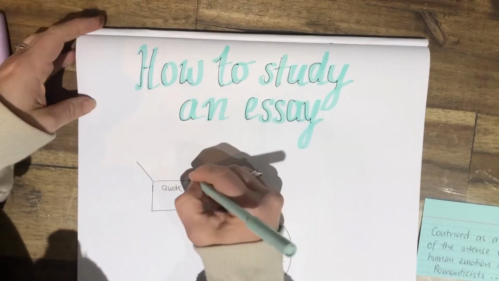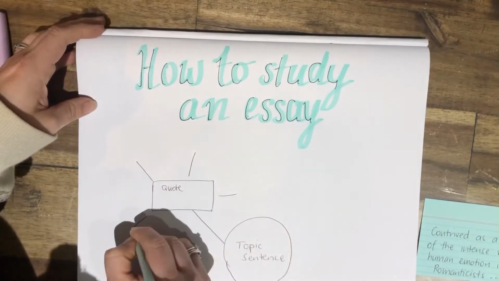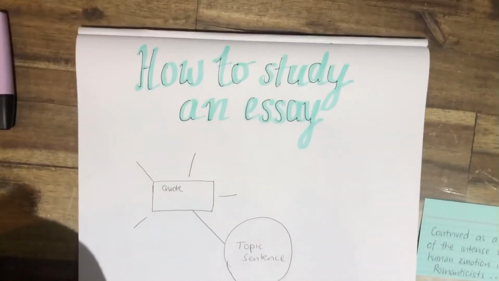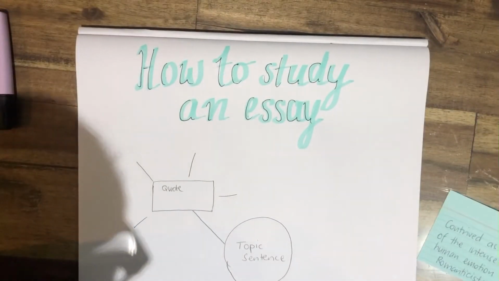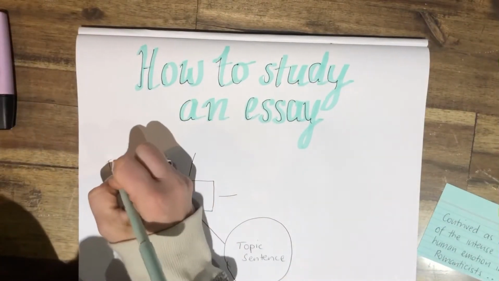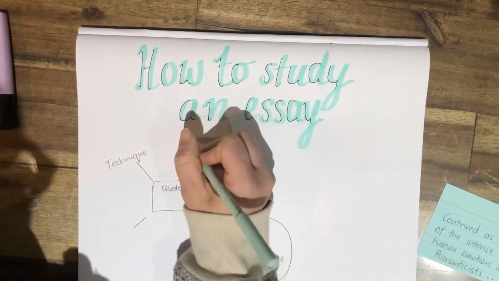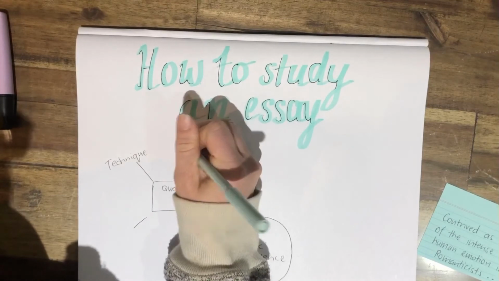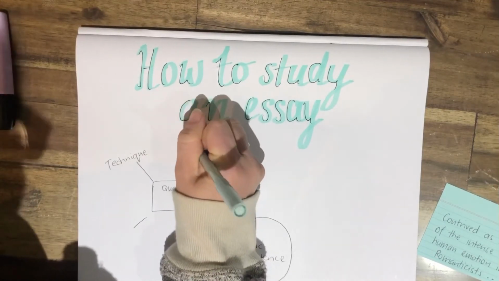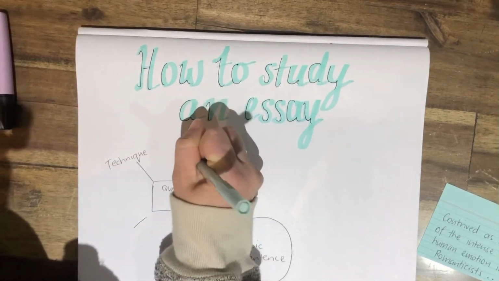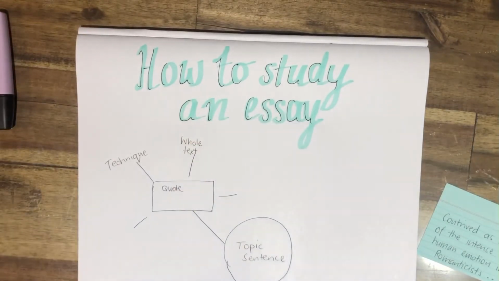Then around my quote, I'm going to put some of the salient words or ideas or elements that I need to remember. So for example, I'm going to make sure that I've put the name of my technique that I'm interested in. There might be a whole text point you want to make in terms of, is it about characterization? Is it a linear structure, non-linear structure?